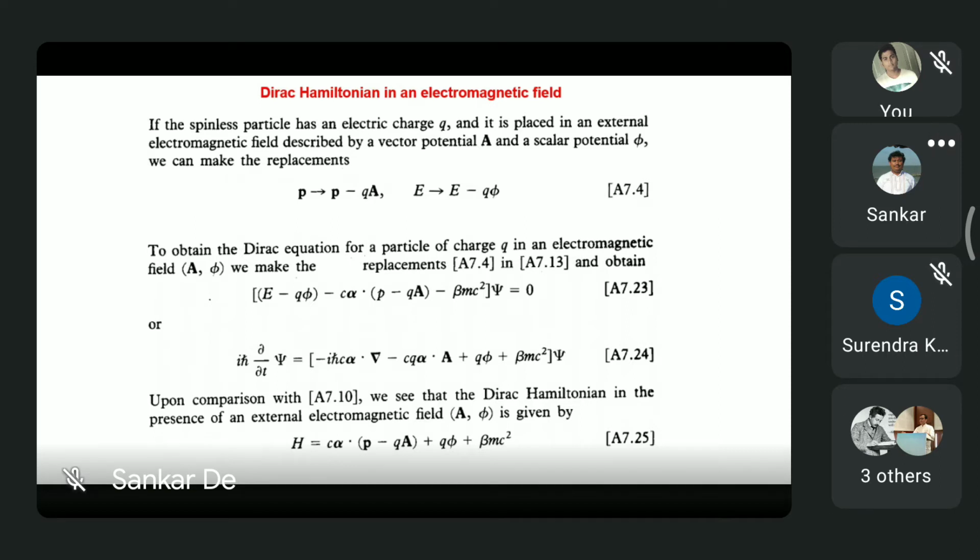And we put those changes in the momentum and energy forms due to the electromagnetic field into the Dirac equation and then try to solve it. And we found the Dirac Hamiltonian in the electromagnetic field.